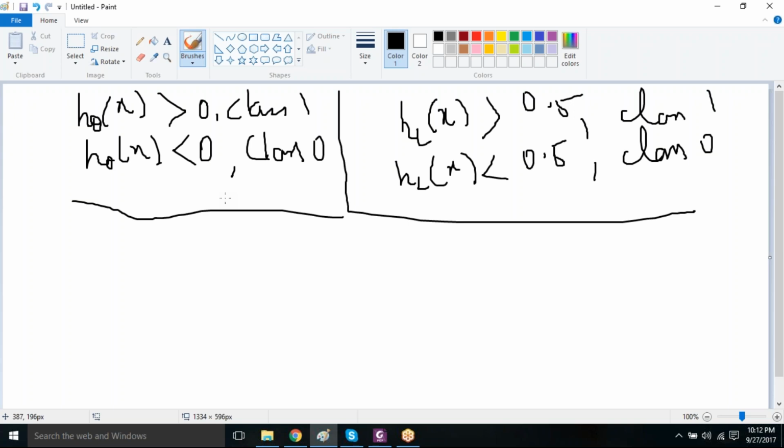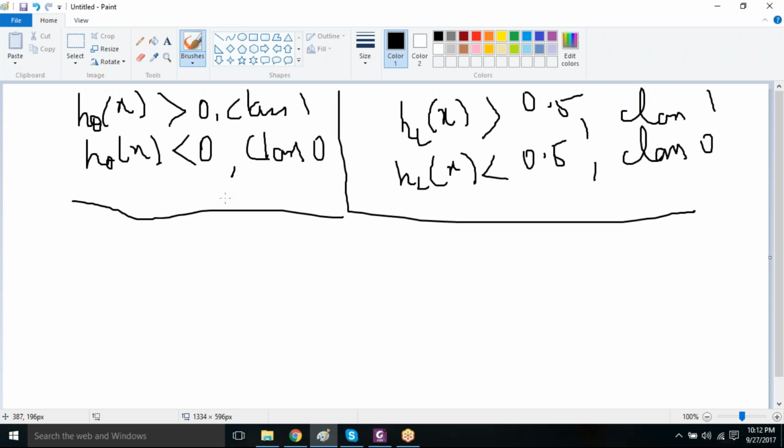Like everywhere, this kind of thresholding is there: if you get more than 50% marks, you will be called pass, and if you get less than 50% marks, you will be called fail, right? Similar kind of classification the logistic regression does.